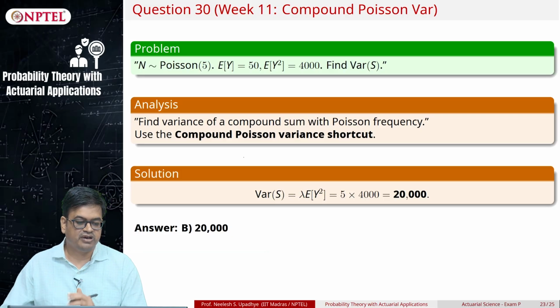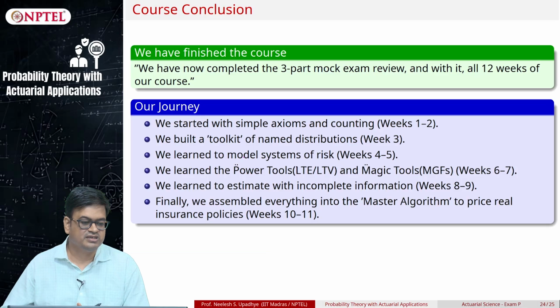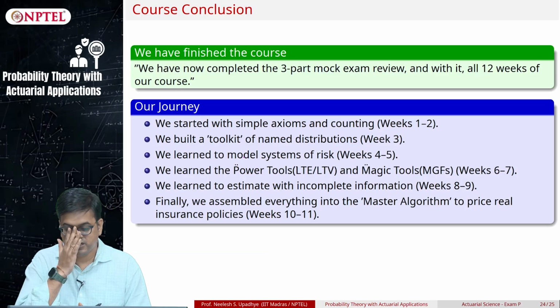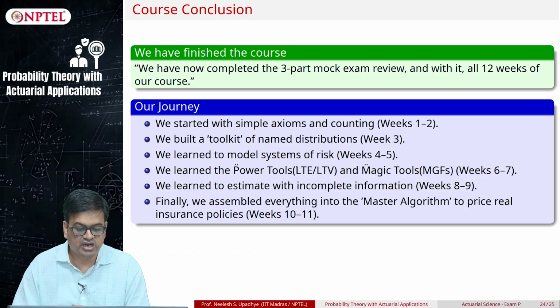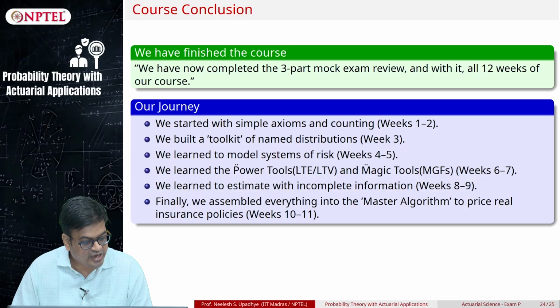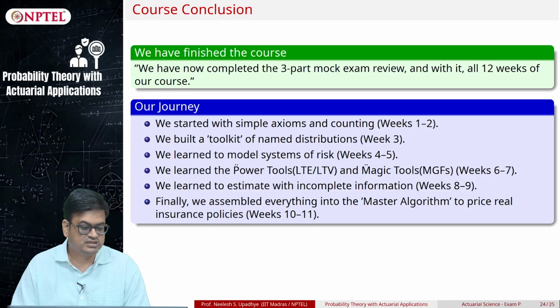Wonderful. So, what we have done so far is we have completed the course. This lecture is the third part of the mock exam review. All 12 weeks of our course are in this mock test, so we have covered the entire syllabus.